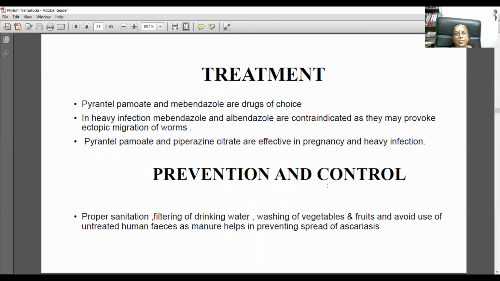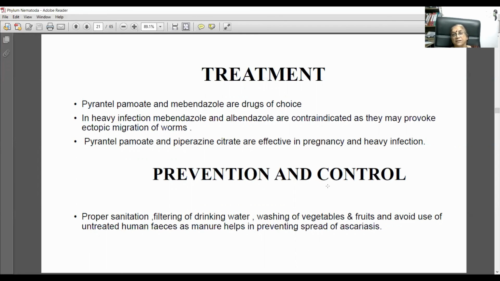Treatment: pyrantel pamoate and mebendazole are the drugs of choice, but these are not of use in heavy infection and cannot be given to pregnant women. So, in heavy infection, mebendazole and albendazole are contraindicated, and this can provoke the ectopic migration of the worms.